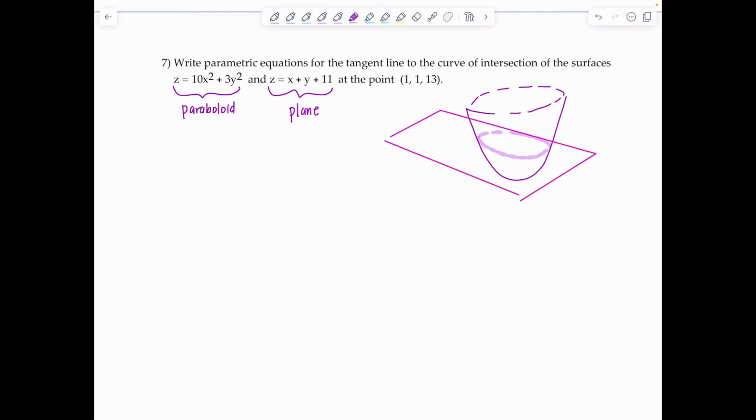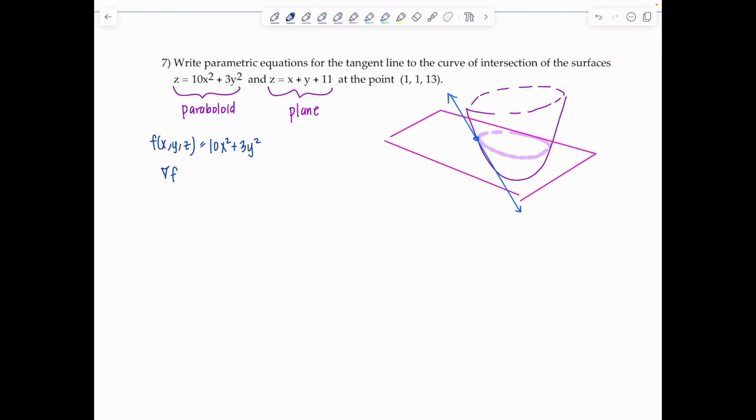And they want the equation of the tangent line to this curve of intersection at some point on that curve. Well, what do we know about the gradient vector? I know that if I call this f of x, y, z, let's go ahead and do that, f of x, y, z equals 10x squared plus 3y squared.